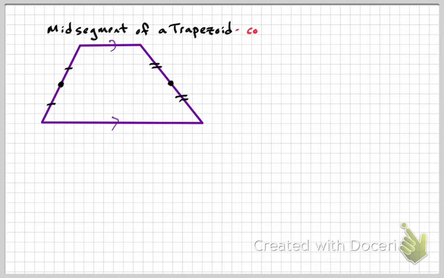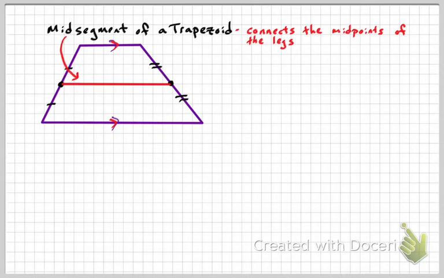Now, if I connect those, that is the mid-segment. It's connecting the midpoints of the legs. And so that length has a relationship to the bases. Notice that it's also parallel to the bases as well.